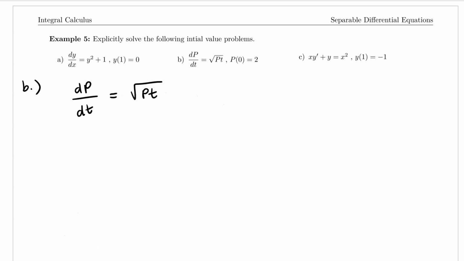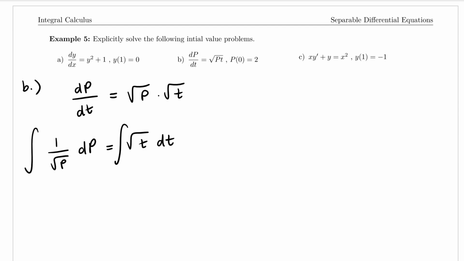For part B, we have dp dt equals the square root of p times t. And because of square root properties, I can rewrite this as the square root of p times the square root of t. And if I divide both sides by the square root of p, we get 1 over the square root of p dp equals the square root of t dt. And I'm going to integrate both sides.